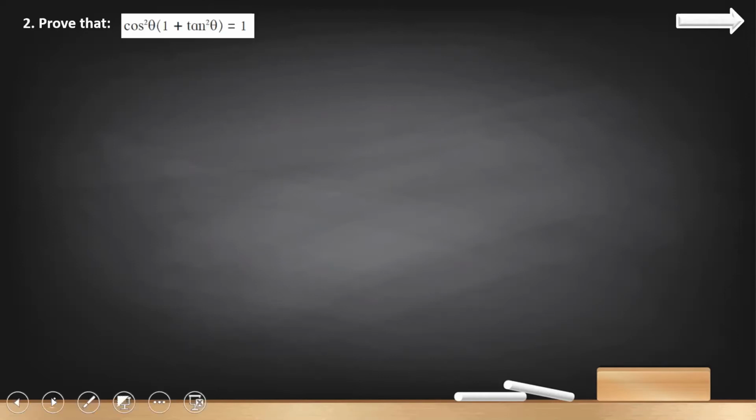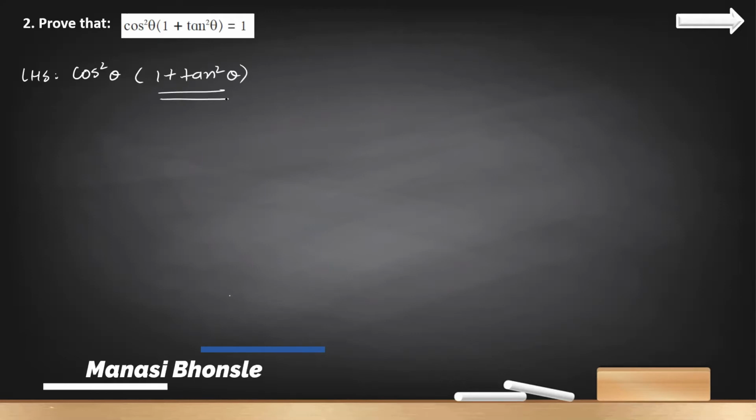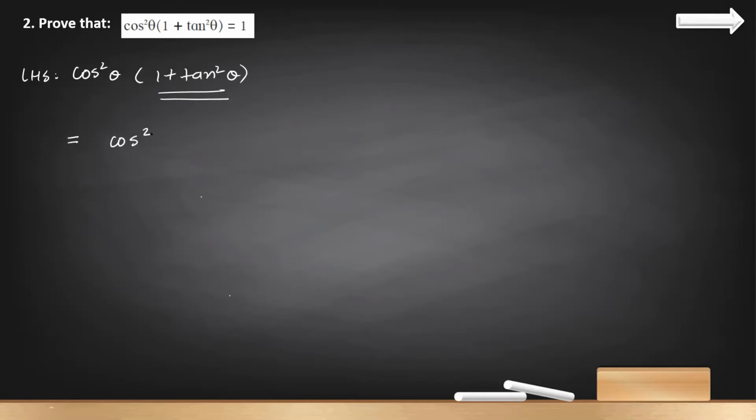So your LHS is cos square theta into 1 plus tan square theta. Do we have an identity for this? What is 1 plus tan square theta? It is equal to sec square theta. Yes. So this is equal to cos square theta into sec square theta.